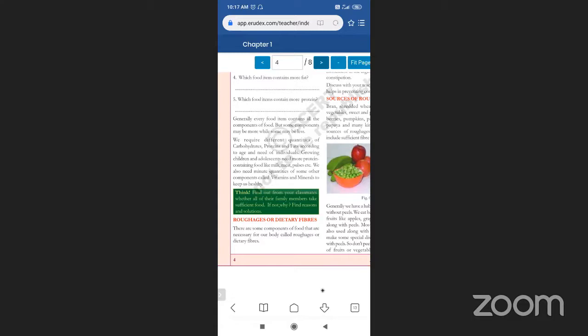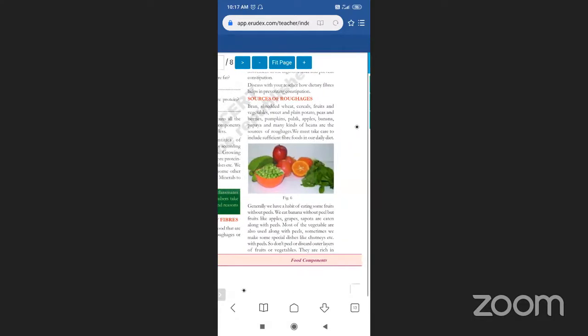These undigested food molecules must come out of the body every day. If they are not coming out freely, it's called constipation. So eating sources of roughages, dietary fibers, will help us send out undigested food molecules from the body.